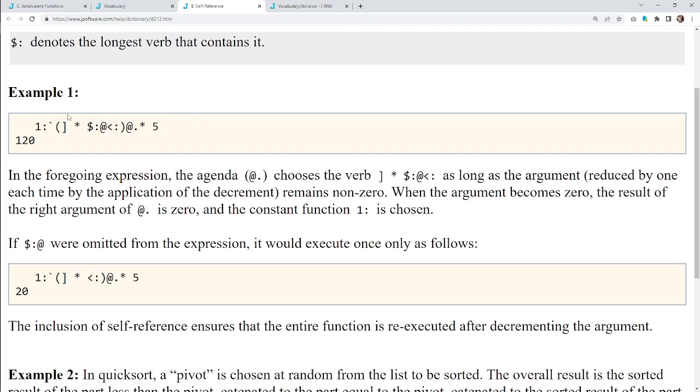What does that mean? So here's some more code that we can try to read. I'm not able to read this code. I don't know what this means. The agenda at dot chooses the verb.